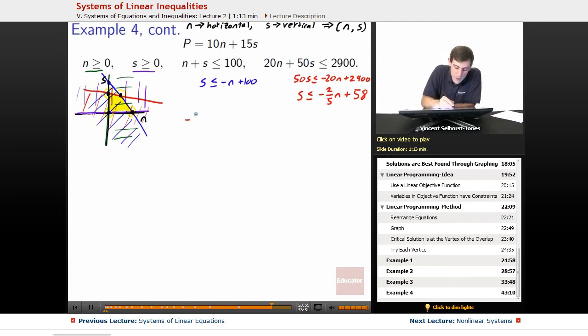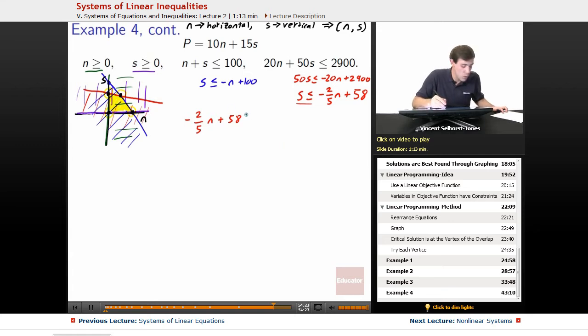So that is -2/5 N plus 58, with N greater than or equal to 0. That's a little bit difficult because we're set up for solving for S. So where is that going to intersect? At N greater than or equal to 0, we want to figure out what that comes out to be. So S is equal to -2/5 times 0 plus 58.